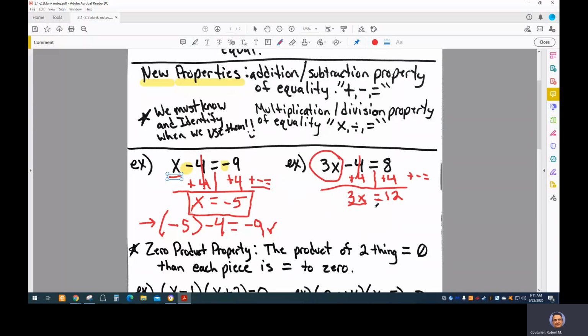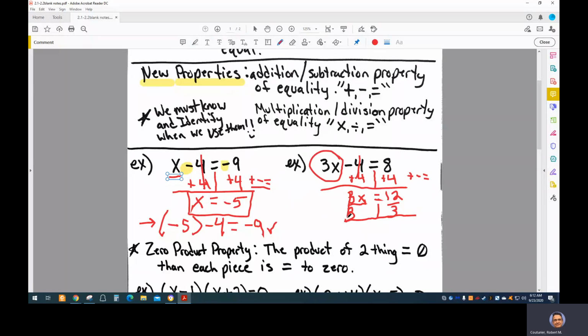So in order to undo that, again, I'm going to make my little scales, because what I do to one side, I have to do to the other. The opposite of multiplication, or the reciprocal property of it, is division. So if I'm multiplying by 3, I can divide by 3. And if I divide by 3 on one side, I have to divide by 3 on the other.